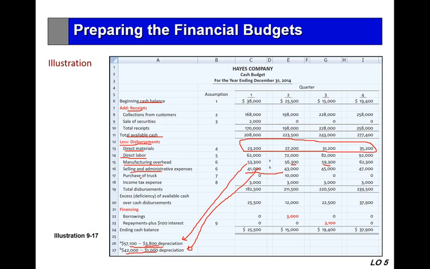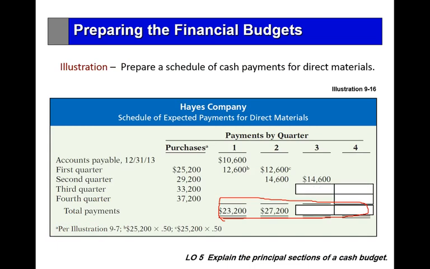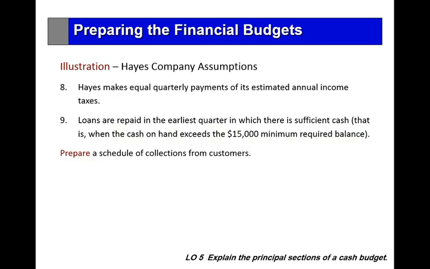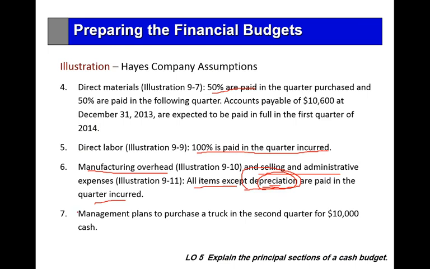If we go back to our illustration for the purchase of the truck, we have in our illustration number 7, management plans to purchase a truck in the second quarter for 10,000. We must notice here cash. If it doesn't say cash, then it's not related to the cash budget.